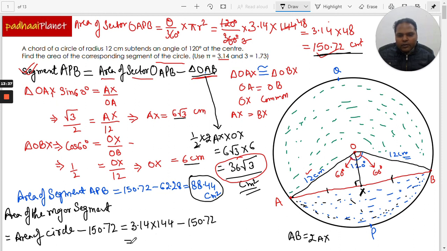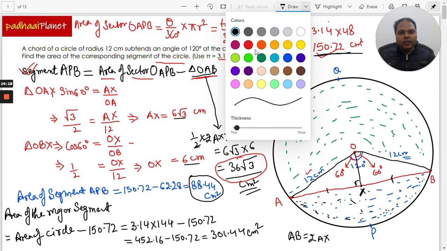If we solve this, 3.14 multiplied by 144 is 452.16, minus 150.72 is equal to 301.44 square centimeter, right?